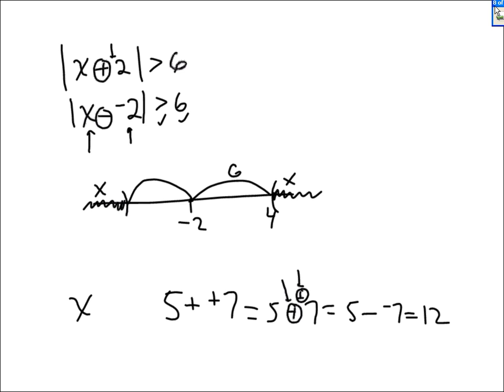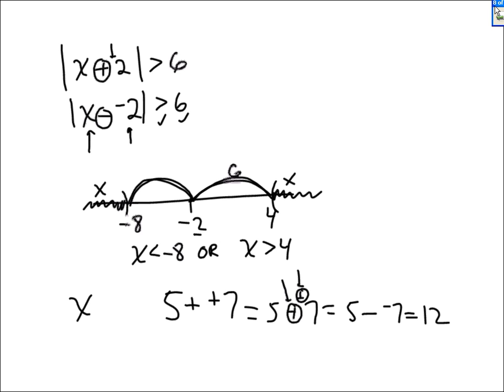This is 4, negative 2 plus 6 is 4, and negative 2 minus 6 is negative 8. So, x can be greater than 4, or x can be less than negative 8.